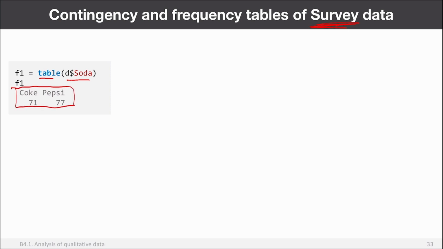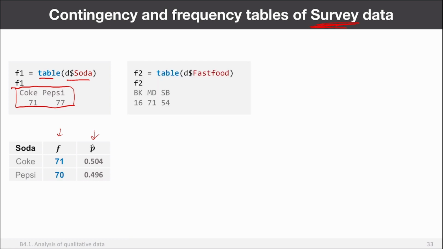So how many students selected Coke, and how many students selected Pepsi. I can make it like this, so you can see that this is the frequency and this is the proportion. I can also do it for fast food, for example.